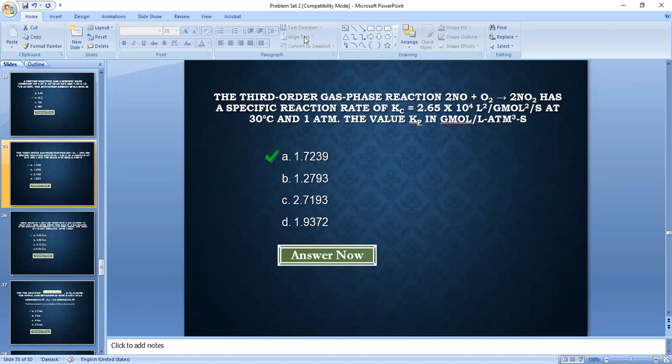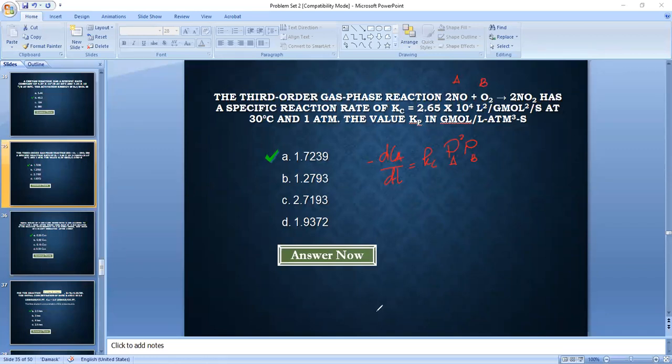You have this, and you are provided with K sub C. What you're going to multiply to it is P sub A and P sub B. If this is elementary, and let's say this is species A and this is species B, you will have P sub A squared, P sub B.